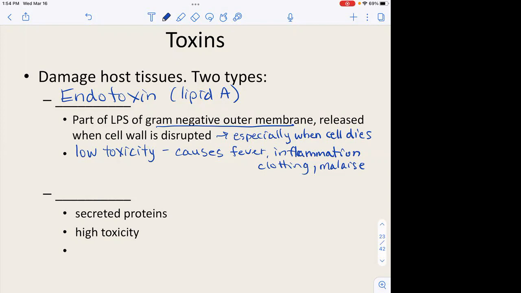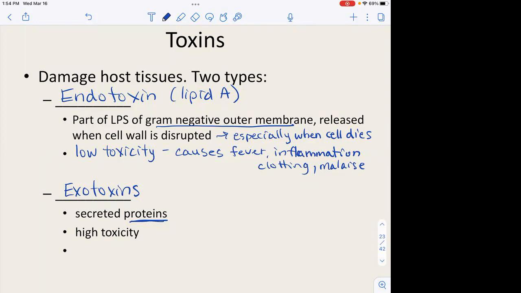The other kind of toxin, like I referred to, are exotoxins. These are secreted proteins. Where endotoxin is a lipid, exotoxins are proteins. We just talked about extracellular enzymes, which obviously are proteins.